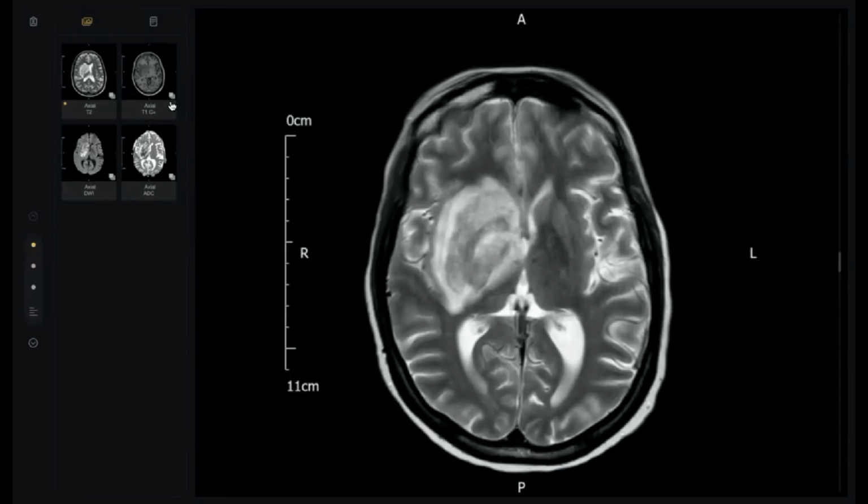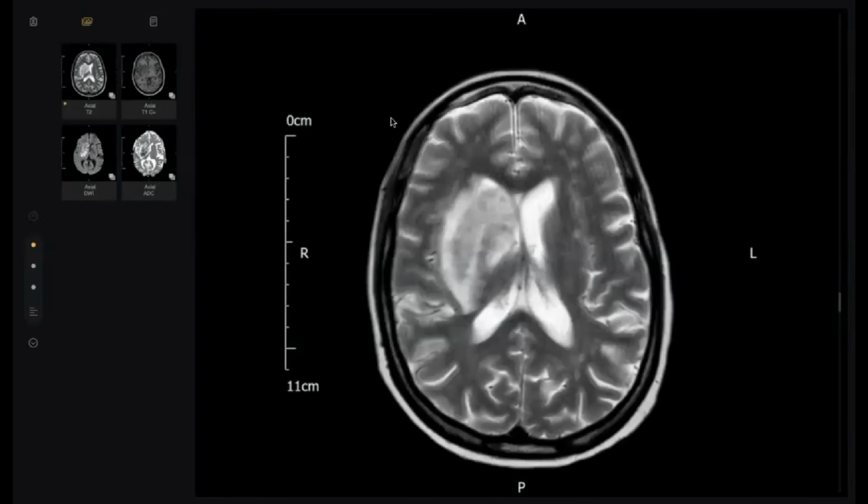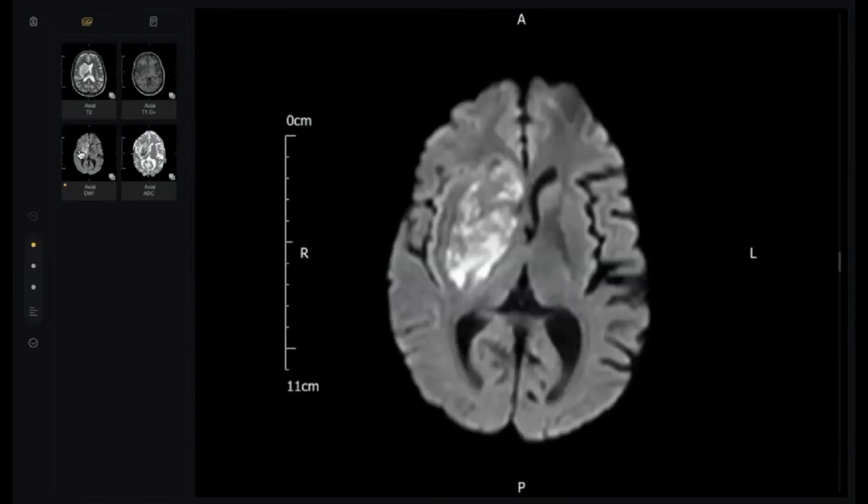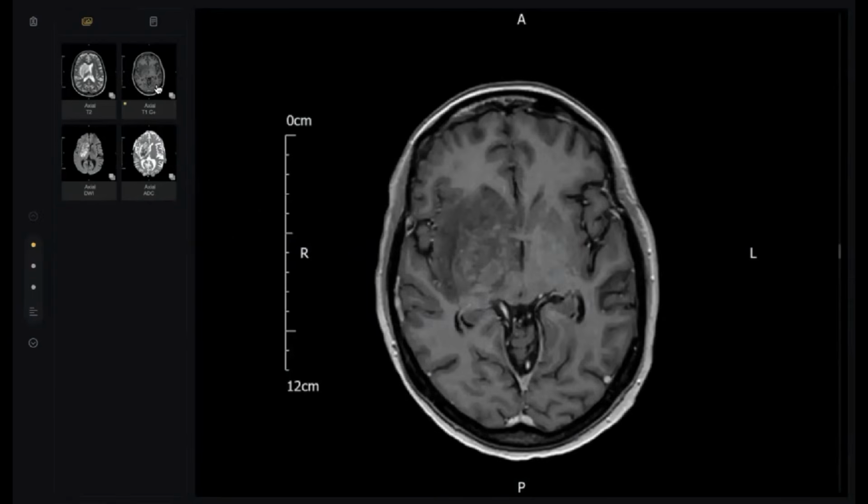This is the first time for me to see a case like this. And I think for most of you. What happened here: signal abnormality that is faintly heterogeneously enhanced, but centrally restricted. The restriction is more central. Frankly, till this stage, it is not obvious whether this is tumoral or infectious.